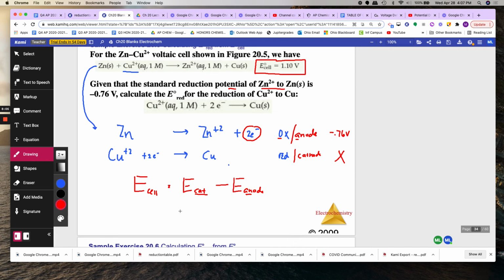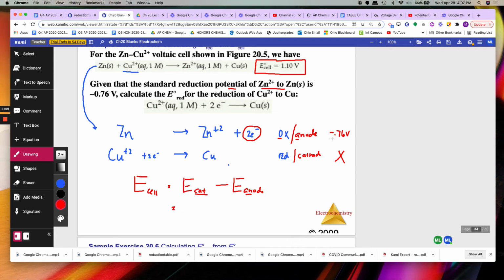Okay, so the cathode potential, oh no, cathode is X. And here's the minus sign. This is this minus sign. We'll flip this because I flipped that equation. Negative 0.76. And then this is a 1.1 volt.